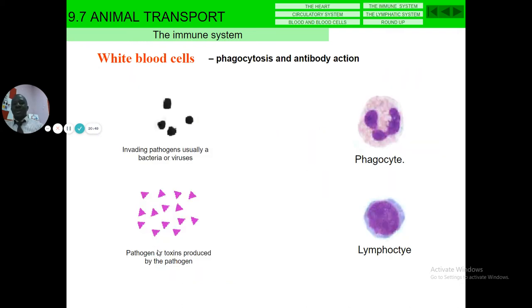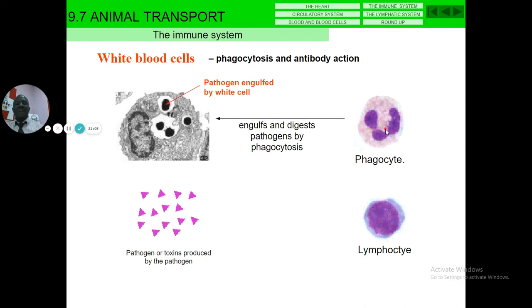Now, when we look at the white blood cells, we have very many. As I've mentioned, with phagocytosis, you see this white blood cell, it will come and find these pathogens, which may be bacteria, then it will come and engulf it. So this is how it has done it.